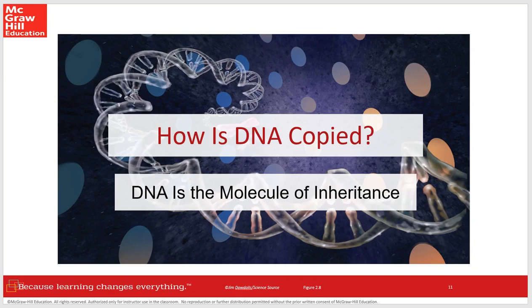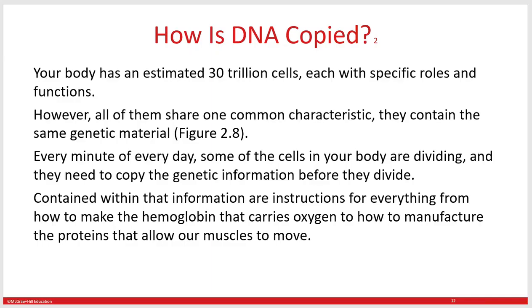So how's DNA copied? Now that we know what it looks like, your body has about 30 trillion cells in it, but all of them share all of the genetic material. And all the time in your body, somewhere those cells are dividing. Your cells have 46 chromosomes. You get 23 from your mom and 23 from your dad.